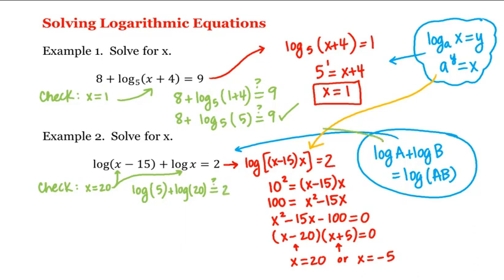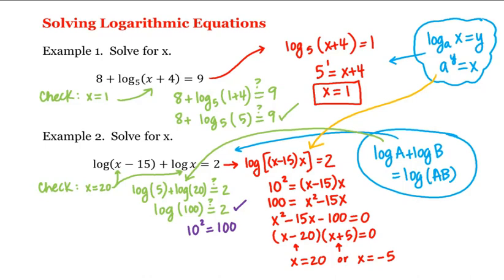Again, we can use this property. So the question is the log of 5 times 20, or log of 100, equal to 2? And it is, because remember, log means log base 10, and 10 squared is indeed 100. So x equal to 20 works.